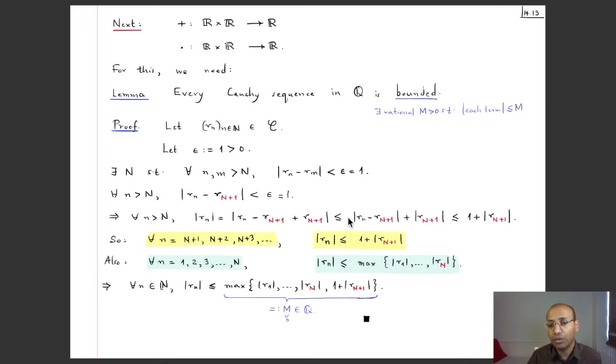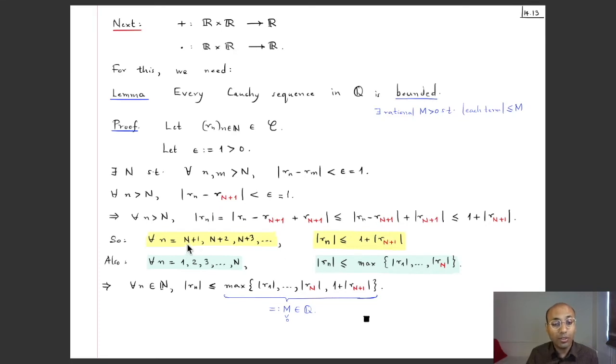And this we know, since n is strictly bigger than capital N, is less than 1. So this is less than 1 plus mod R capital N plus 1. So we have that for every little n strictly bigger than capital N, so n equal to capital N plus 1, N plus 2, N plus 3, and so on, the mod of Rn is less than or equal to this fixed number, which is a rational number, and it's also positive.